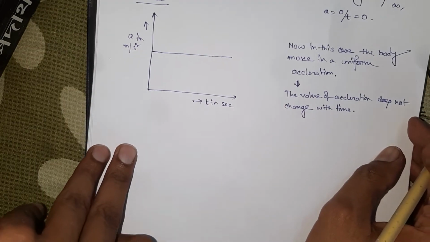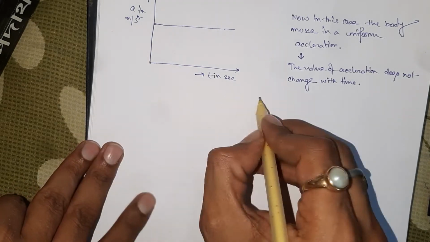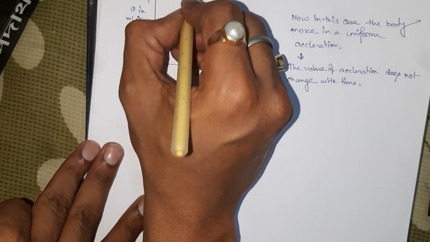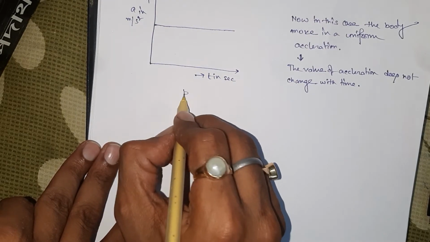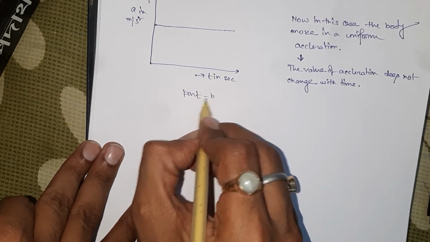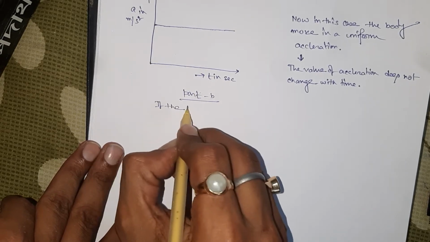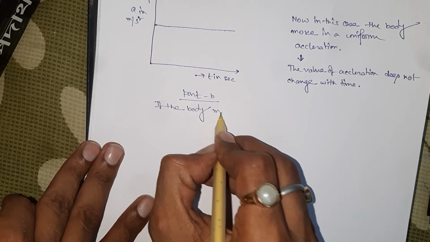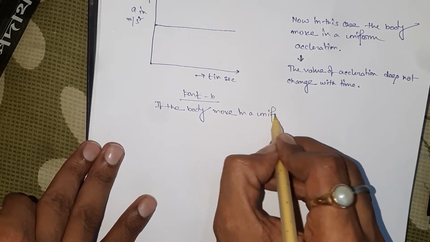Now what happen if the motion is a retardation motion? Now it's a part B, এটা part A, part B. part B কি বলছে, if the body move in a uniform retardation.